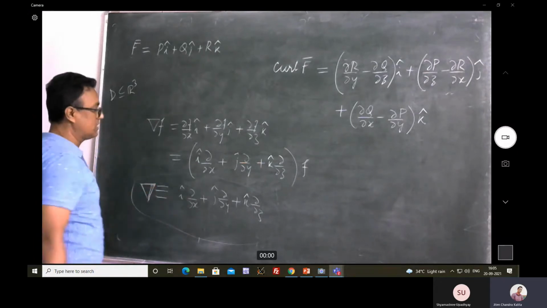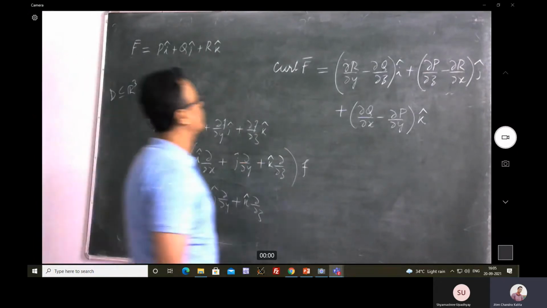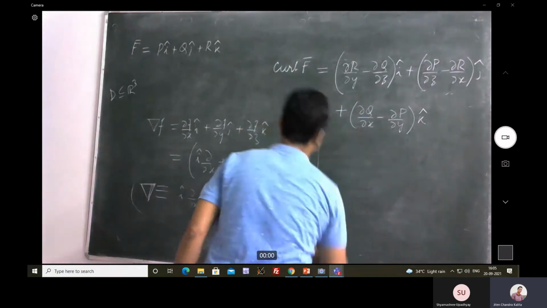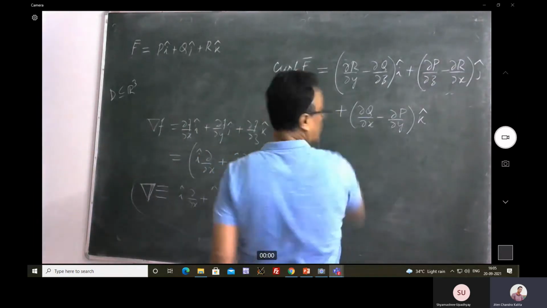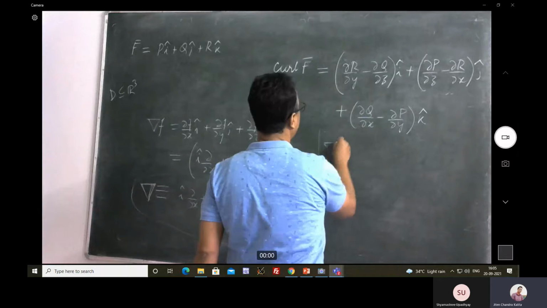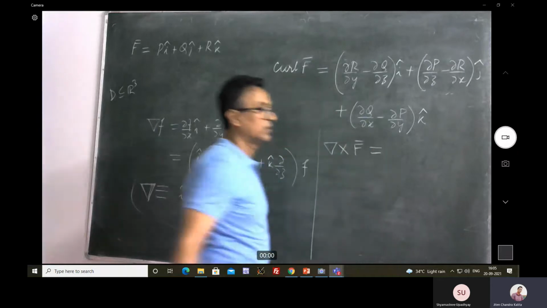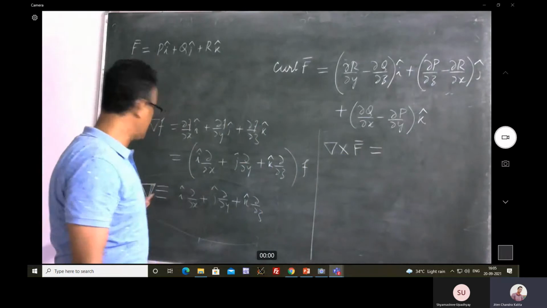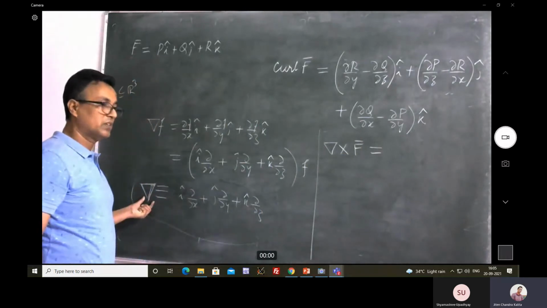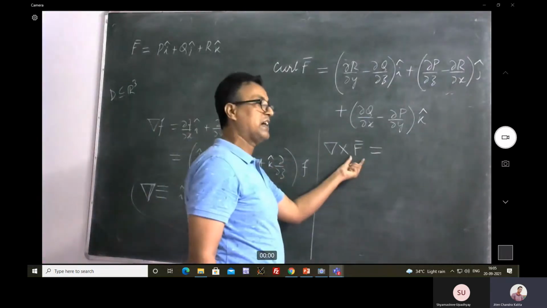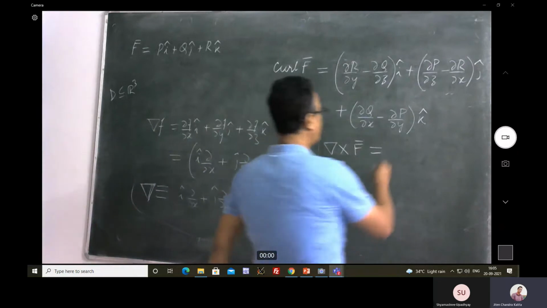If I use this, then we can define the curl of f to be the cross product of the gradient operator and the vector function f. Why?